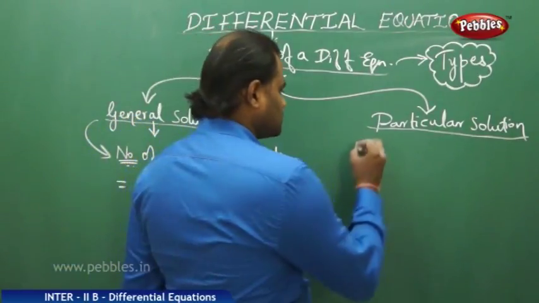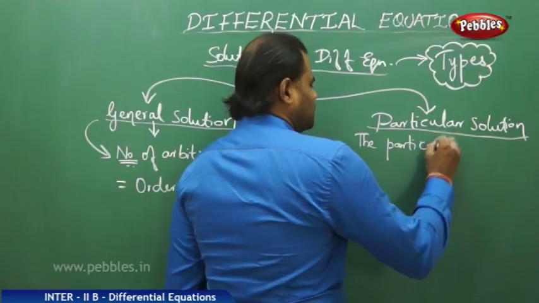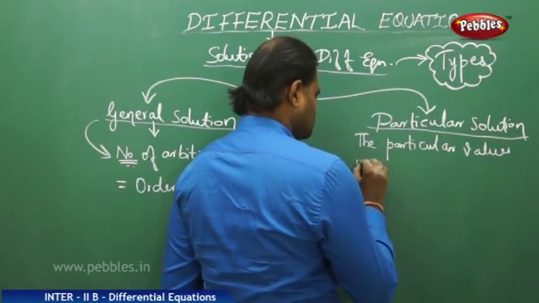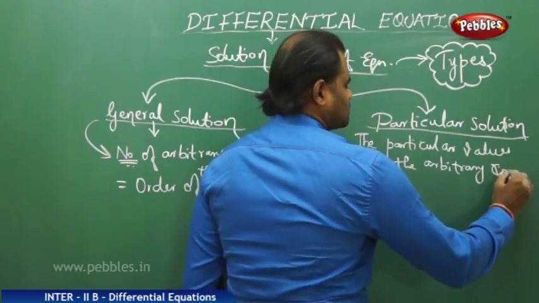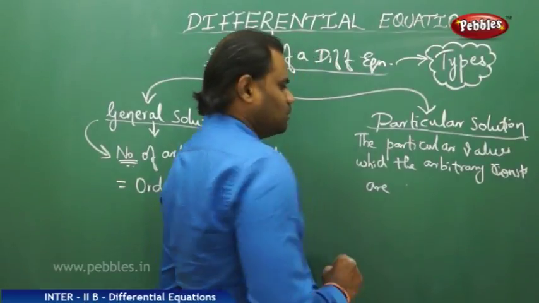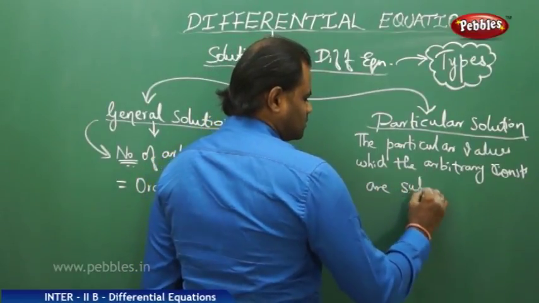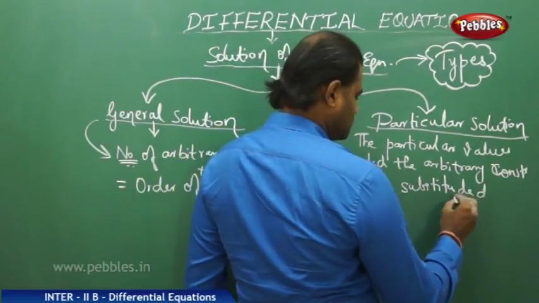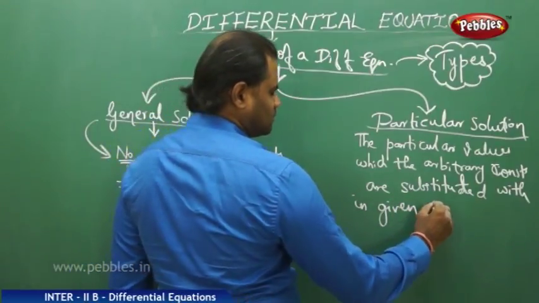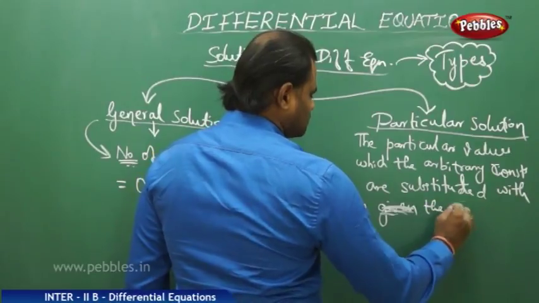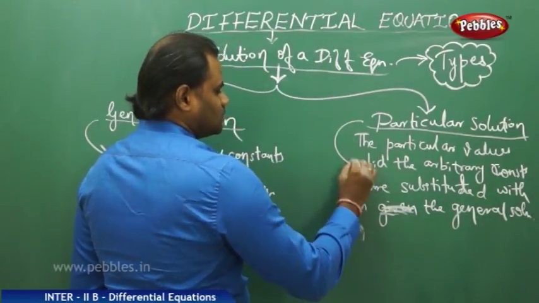Now, the particular solution is the solution obtained when particular values are substituted for the arbitrary constants in the general solution; that is called the particular solution.